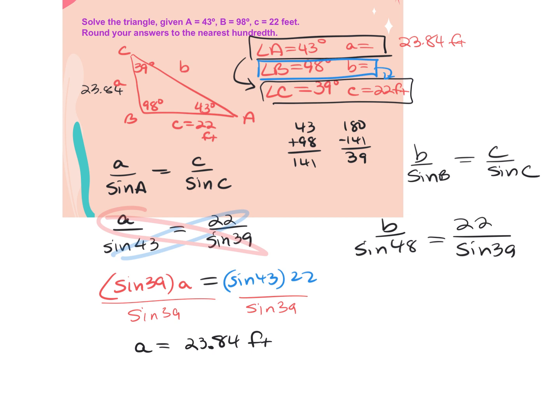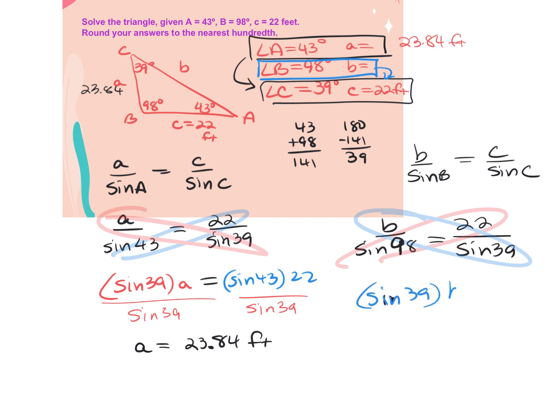And again, I'm going to do the cross products. So multiply sine of 98 and then the b times the sine of 39. Thank you, I covered it up. This should be a 98. My blue line covered up the top of my 9. Thank you.